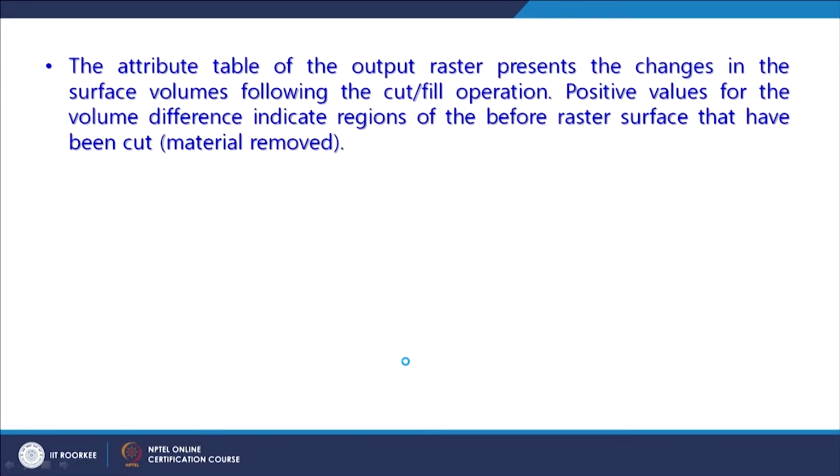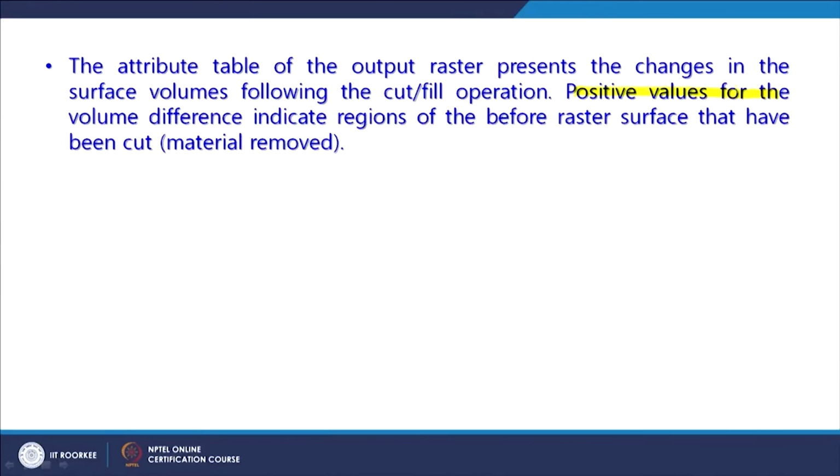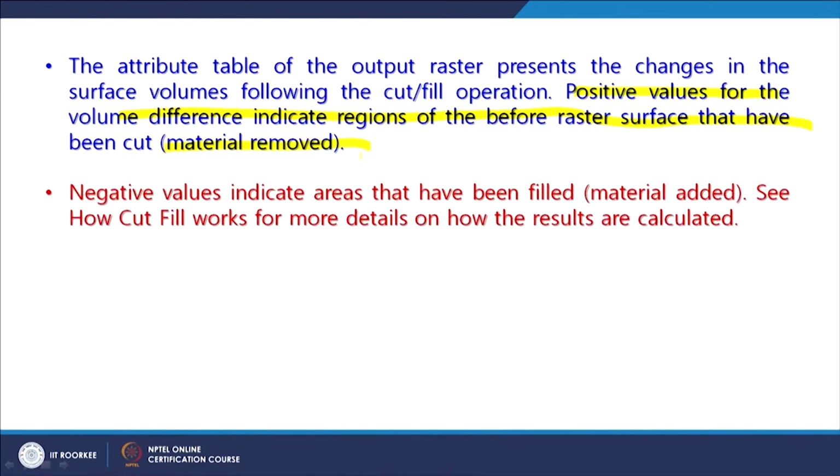Now, the attribute table, which we have seen in a few examples: the output raster presents the changes in the surface volumes following the cut and fill operations, and positive volumes for the volume difference indicate regions where the before raster surface is cut, that means the material removed, and negative values will indicate the reverse, that is vice versa, where filled material will be added.